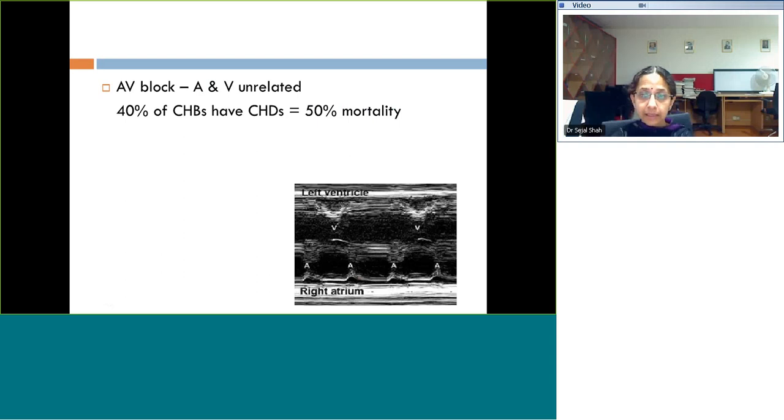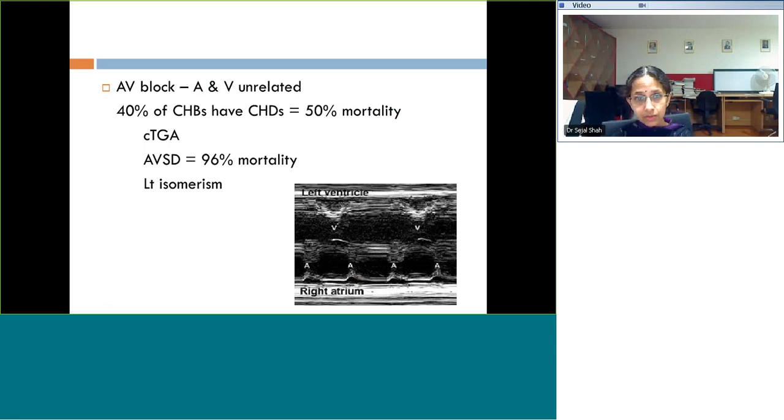Now complete heart blocks can have associated congenital heart diseases in 40% of situations. So the correlation with the congenital structural anomaly is high. However, when there is a combination of AV block with a structural heart disease, the mortality is high. What type of structural heart diseases do we rule out?